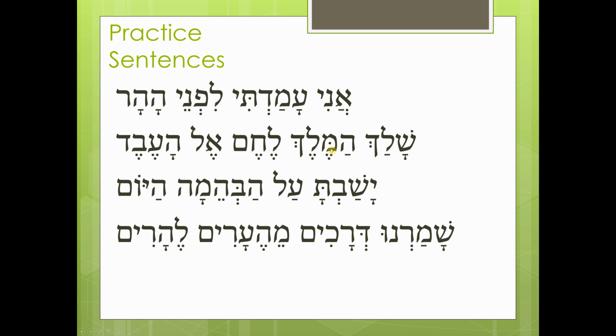So it's not ha-melech, which you might expect, right? That it would go on the last syllable. It's ha-melech lechem ha-eved. So whenever you see this configuration where you have two segols right next to one another, then you want to put the accent on the front. This is something we'll practice and reinforce throughout the semester.